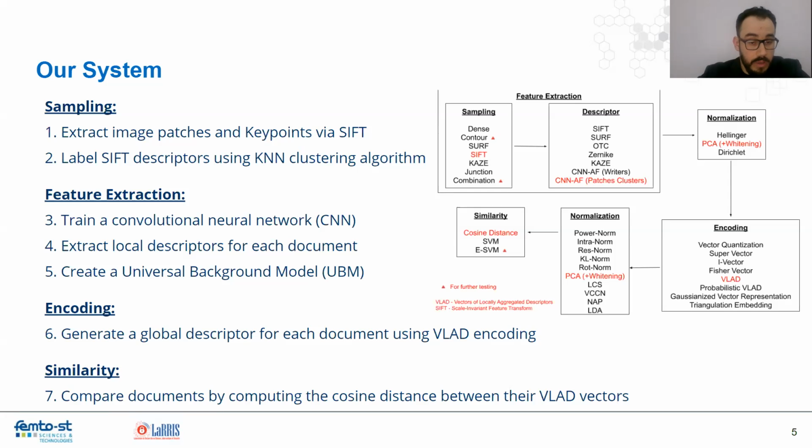Then, using this universal background model, we apply encoding to generate a global descriptor for each document using VLAD. And finally, we do the similarity by comparing the documents and computing the cosine distance.